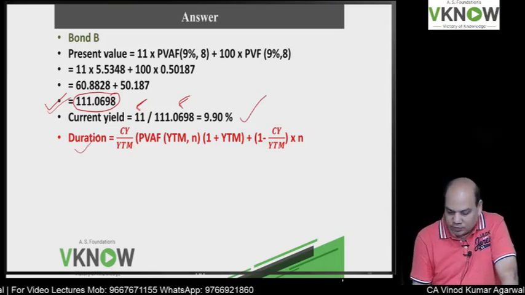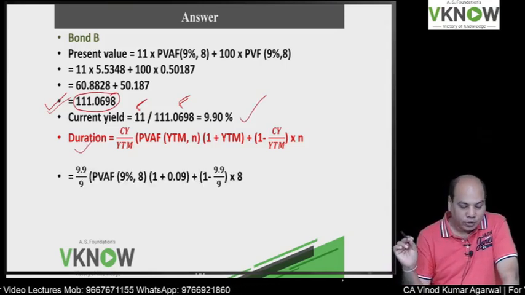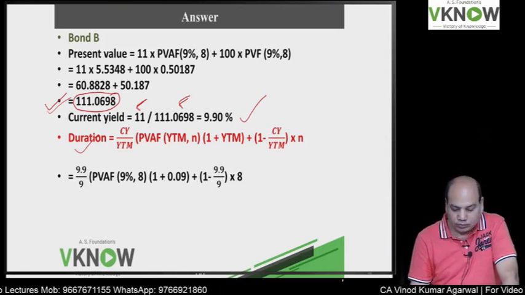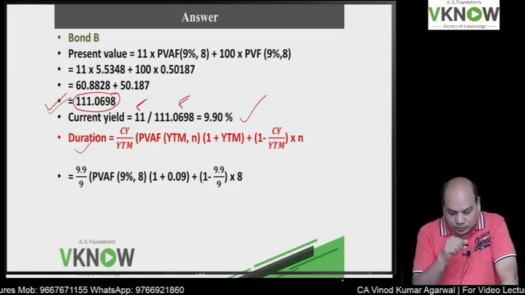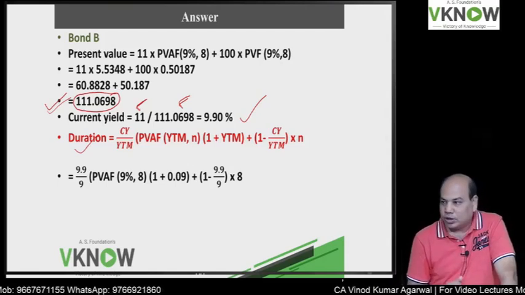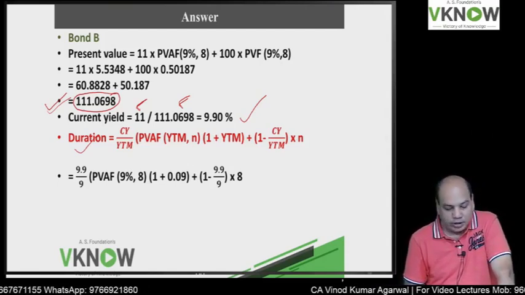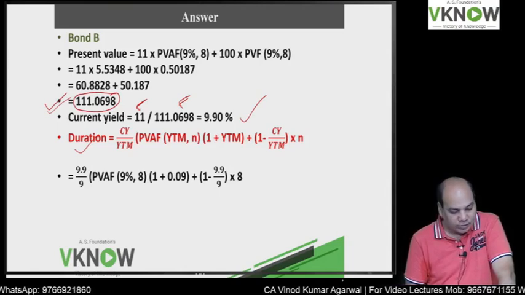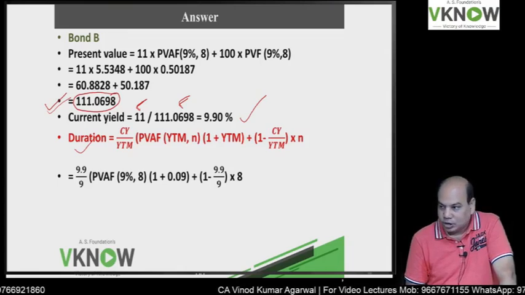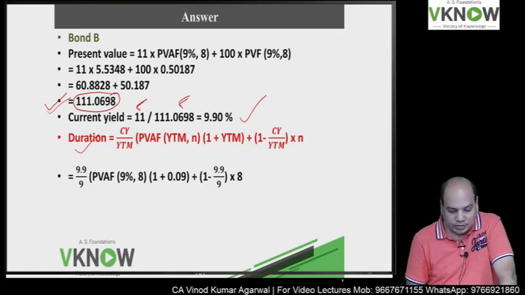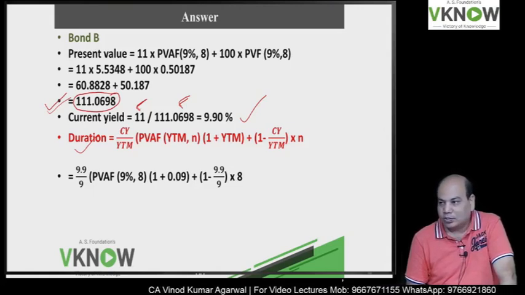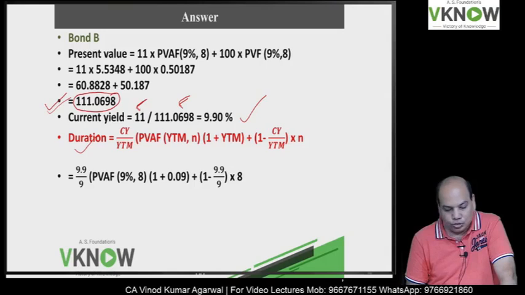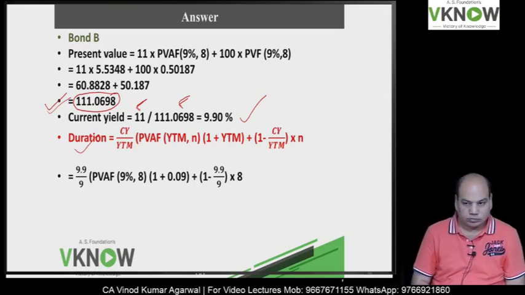Don't write the formula again. In one answer write the formula only once. Put the values now. Duration equal to 9.9 divided by 9 into PV annuity factor 9% comma 8 years into 1 plus 0.09 plus in bracket 1 minus 9.9 upon 9 into 8, into 8.